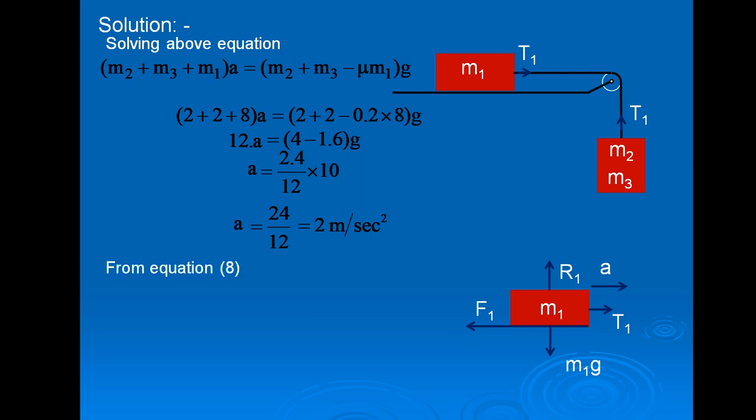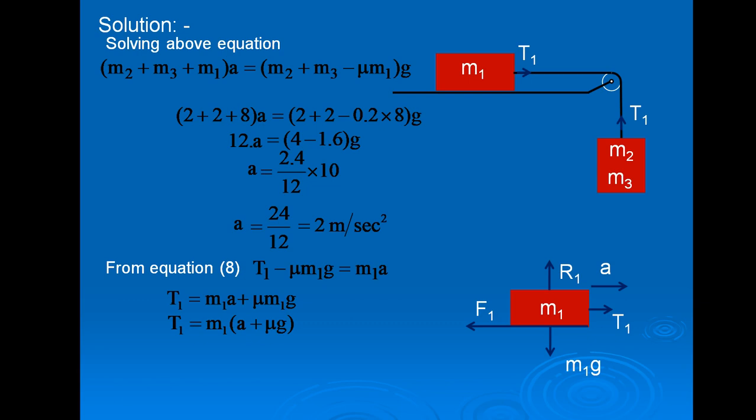Now from equation number 8, T1 minus mu m1g is equal to m1a. So we get T1 is equal to m1a plus mu m1g. Now put the values of m1, a and mu, g.